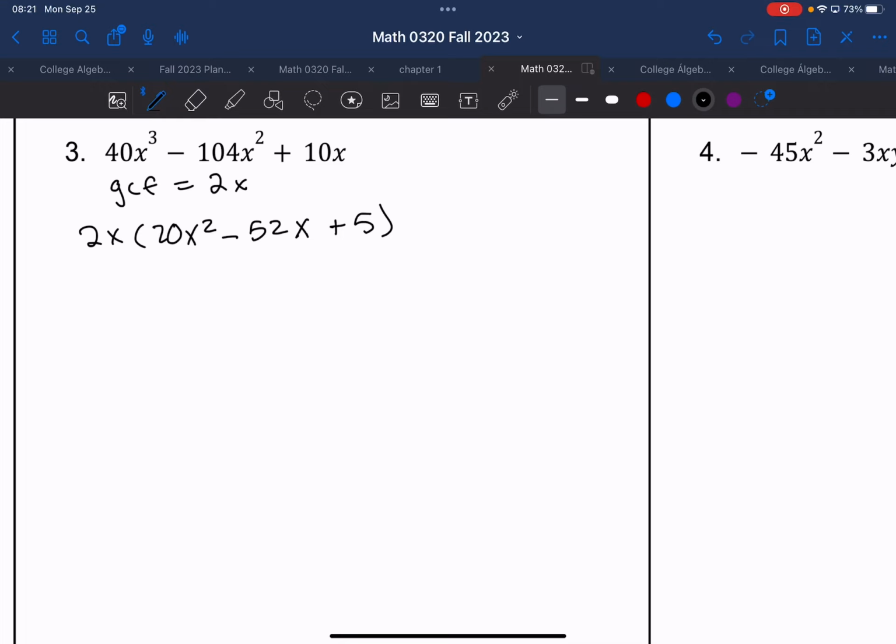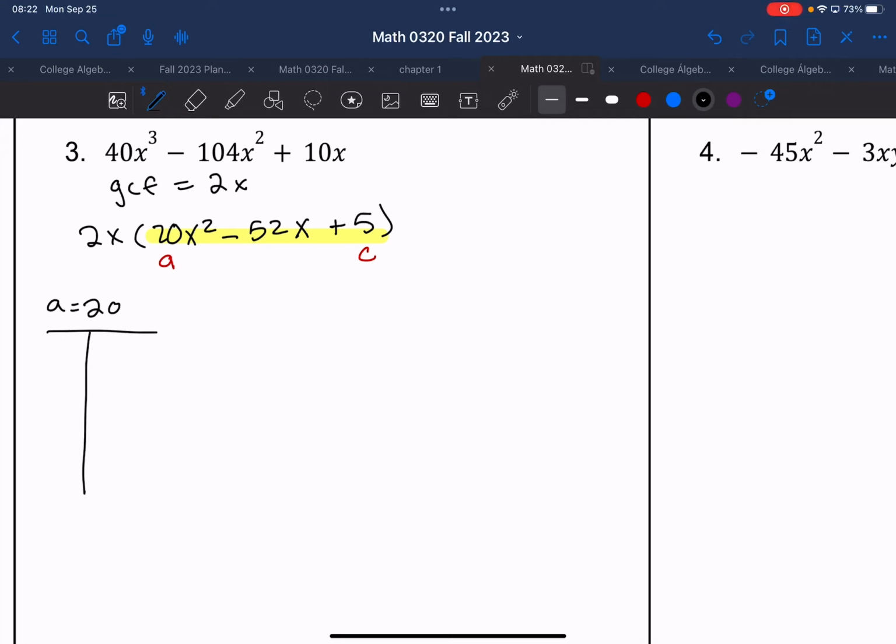Remember in the beginning with that GCF, we ignore it and we're only paying attention to what is on the inside here. So what is my A value in this case? 20, and what's my C value? 5. So I need to create a table with all my values of 20.